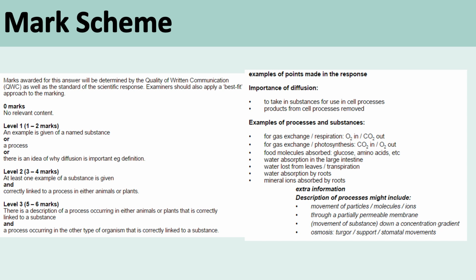Or you can be talking about the absorption of molecules like glucose for digestion. You could be talking about water absorption in the large intestine. Now, we haven't mentioned that. That comes up in a later chapter when we do digestion. You could talk about water being lost through the leaves, or transpiration. You could talk about water being absorbed by roots. So both of those came up in previous lessons. And you can talk about minerals also being taken in by the roots.